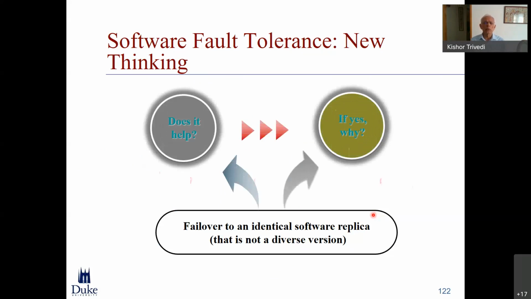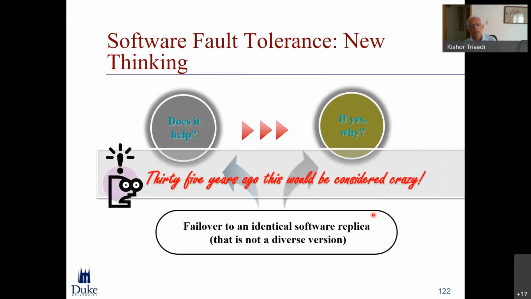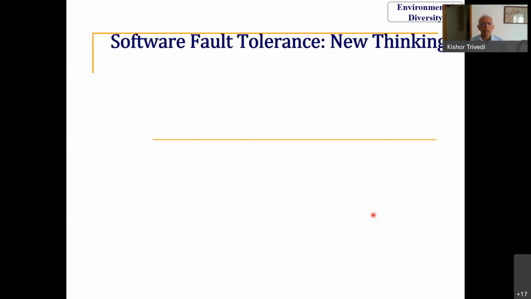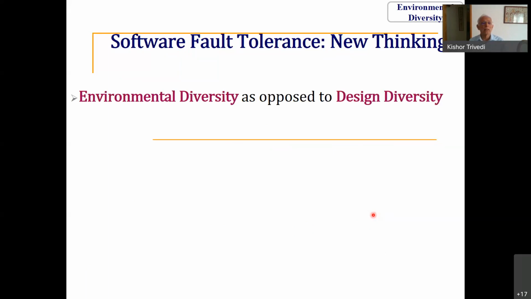And if I proposed something like this 35 years ago, I would be put in a lunatic asylum. I would be considered crazy. But today, we just saw in a real system this being used, advocated and being used. And subsequently, I found in many other systems that this kind of idea is being used. So the new thinking in software fault tolerance is environmental diversity as opposed to design diversity, or in addition to design diversity. So what is environmental diversity?